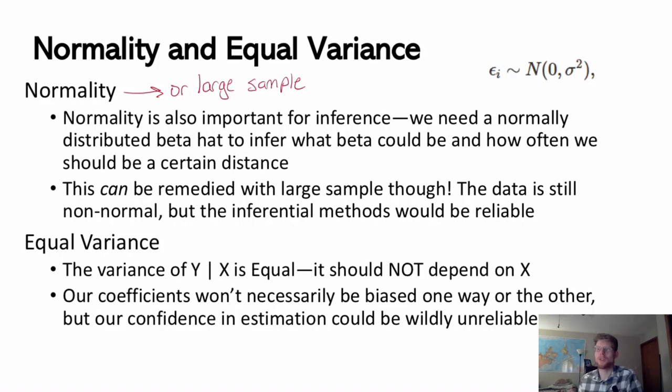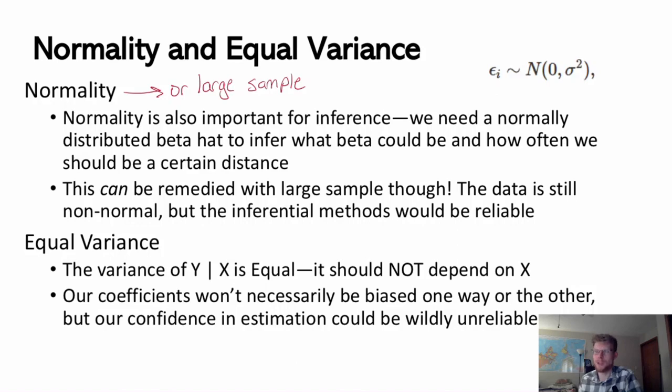If you remember, the central limit theorem says that the distribution of possible sample means will be normally distributed, even if the variable that data comes from is not normally distributed as a population. So I can still do inference in these situations if I don't have normality, as long as I have a large enough sample size to compensate for that.